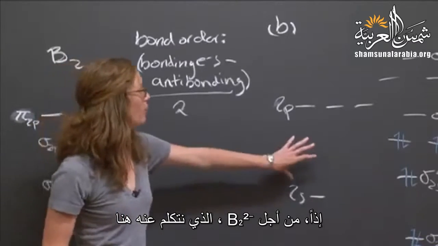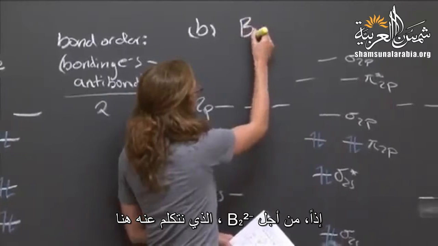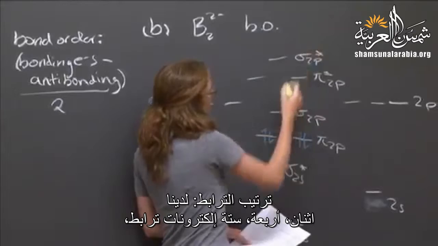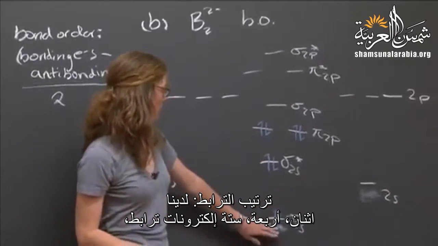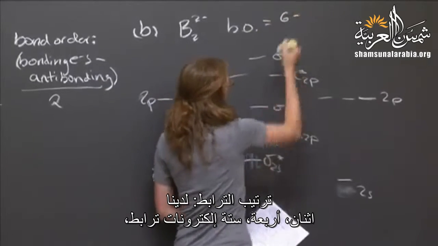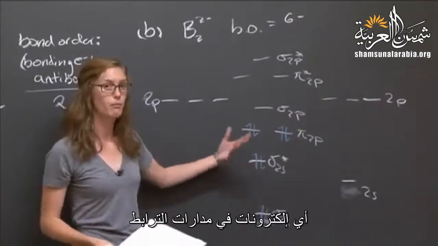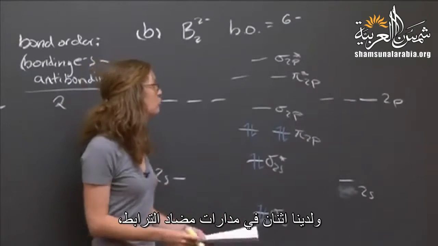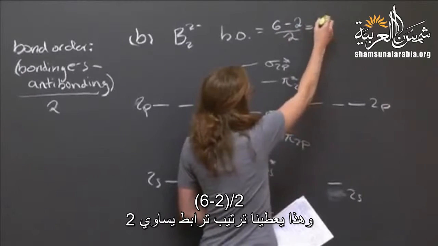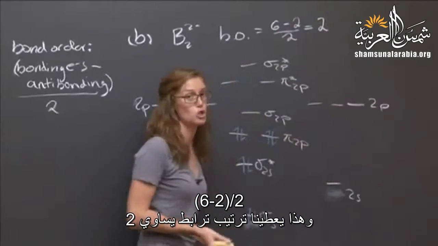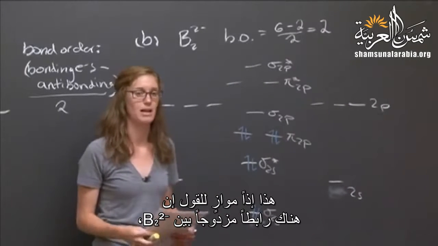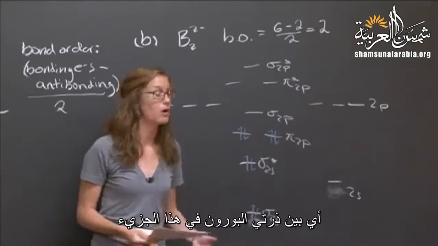So for boron 2-, which we're talking about over here, for the bond order, we have 2, 4, 6 bonding electrons in bonding orbitals, and we have 2 in anti-bonding orbitals. Divide it by 2, and that gives us a bond order of 2. So that's equivalent to saying there's a double bond between the 2 borons in that molecule.